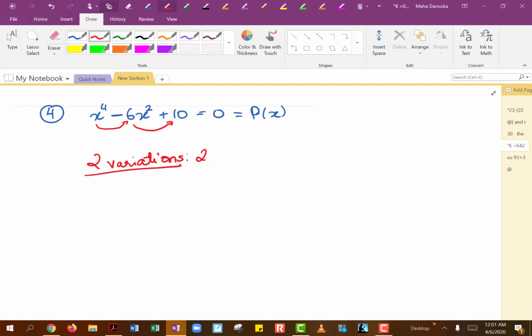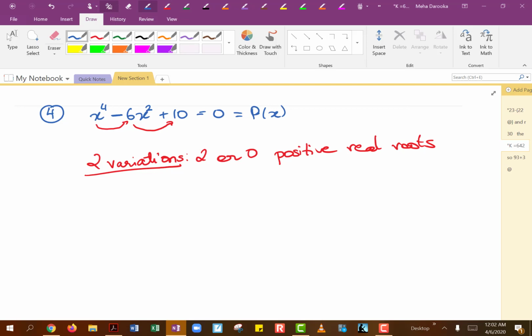And then again, remember, we can subtract by an even number. So 2 minus 2 would be 0 again. So you can either have 2 or you will have none positive real roots. So kind of like what you saw in the previous example, right?